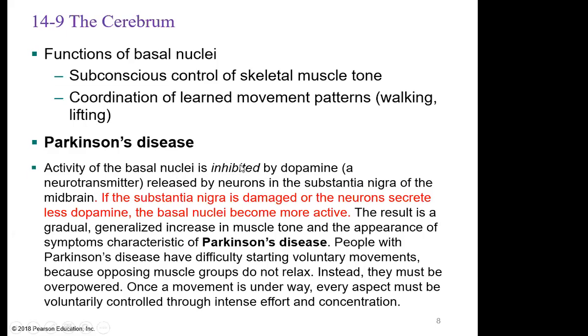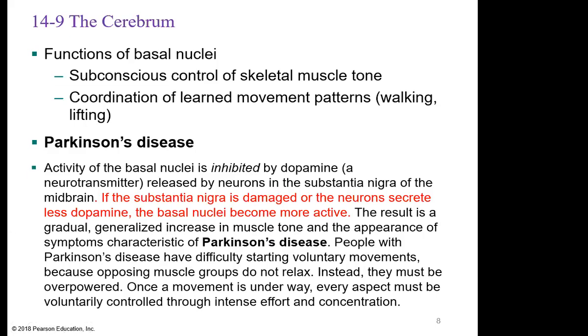Okay, so it's no longer being inhibited, and we don't have those fluid stop-start movements anymore. So what happens is there is an increase in the muscle tone, and then you will get those difficulties with those voluntary movements because the opposing muscle groups do not relax. The basal nuclei is far too active, and so therefore that subconscious regulation is no longer working as it's supposed to.